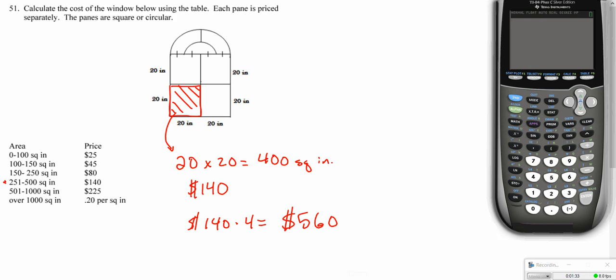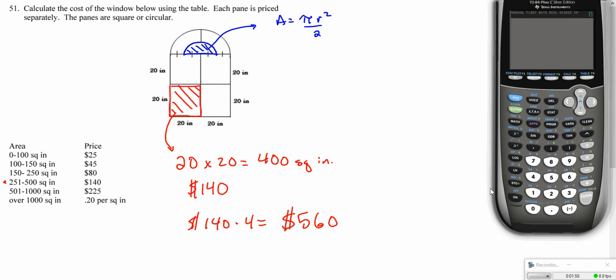Now let's look at another pane of glass, this piece right here. It won't be too bad. It's a half of a circle, a semicircle. The area of a circle is pi times the radius squared, but it's half of a circle, so we're going to divide it by 2.